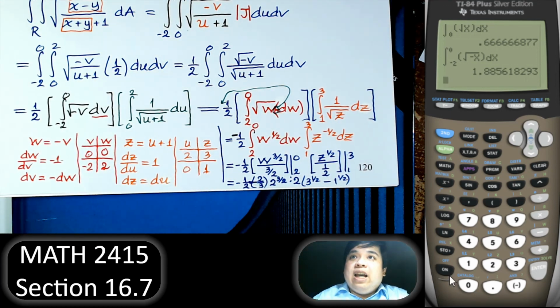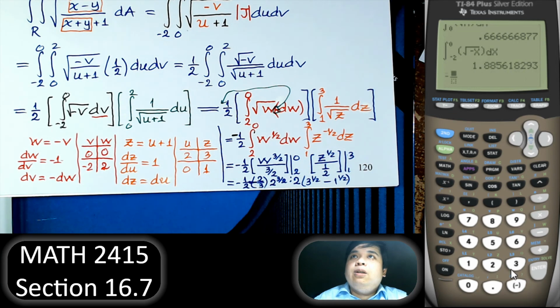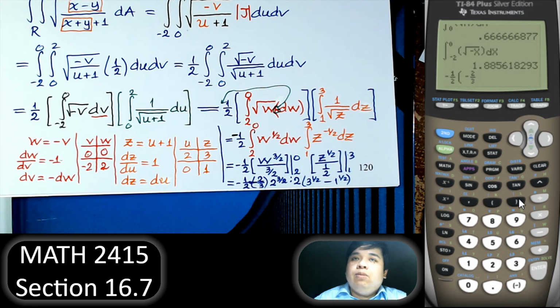Right, just to get an estimation. What do we have here? Negative 1/2, negative 2/3, 2 to the 3/2, times 2, times 3 to the 1/2, minus 1 to the 1/2, or just 1.